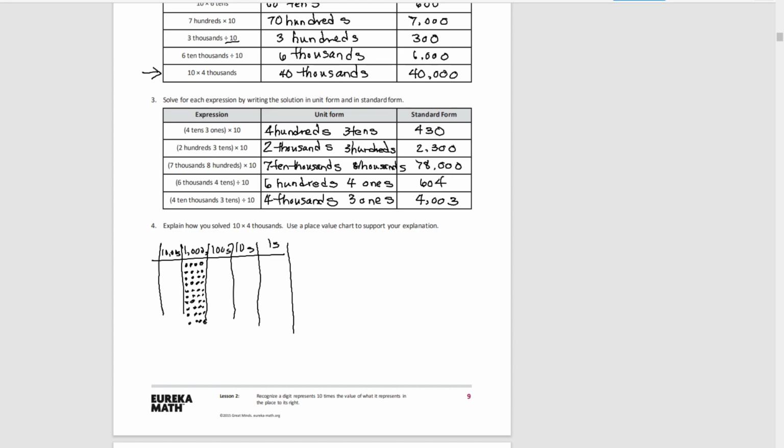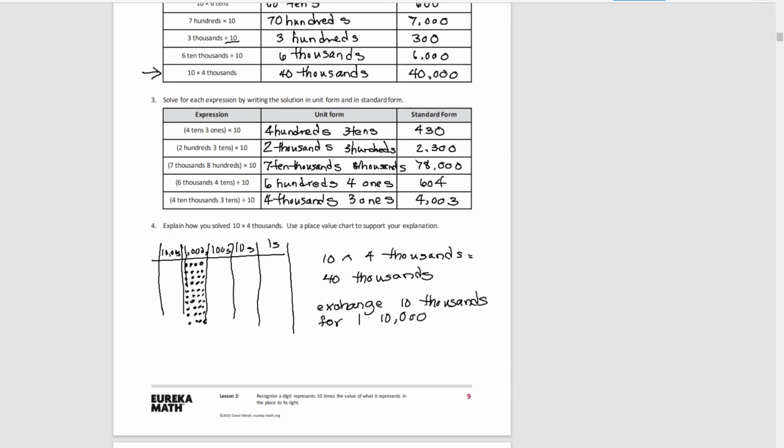So as an explanation, 10 times 4 thousandths is equal to 40 thousandths. And then we're going to exchange 10 thousandths for 1 10,000.